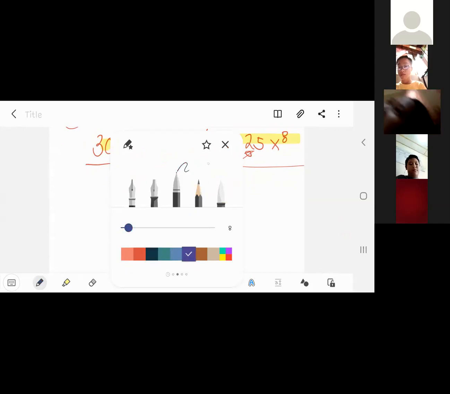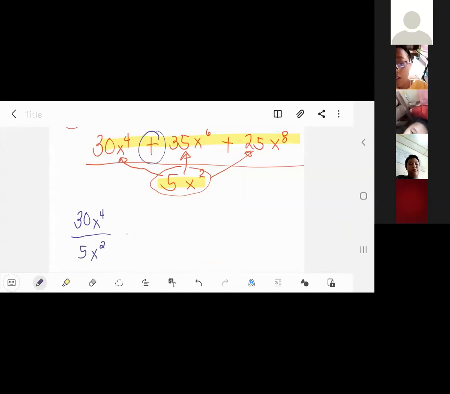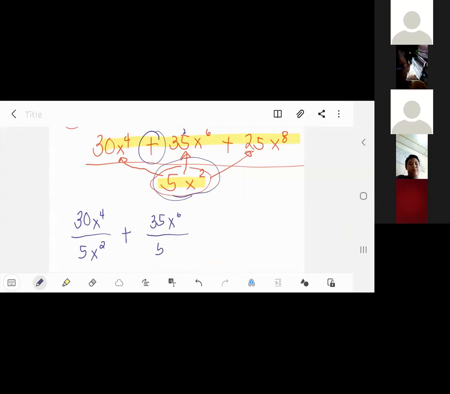30x to the power of 4 divided by 5x to the power of 2. Then copy the operation, plus 35, the second one, x to the power of 6 divided by the denominator 5x squared, plus 25, the third, x to the power of 8 over 5x squared.